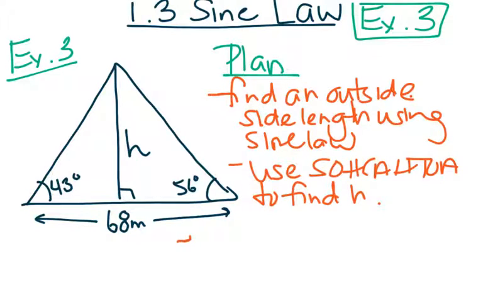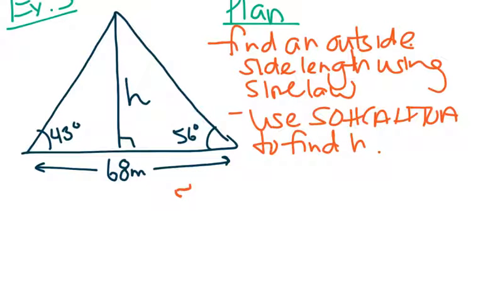Alright, we've got a plan. Now let's do the plan. The first part of the plan, don't forget, is we're going to treat this as if this H wasn't in here. So we're just looking at this outside triangle, almost imagining that H line isn't there. Let's label this triangle using A, B, C so that we can plug it into the sine law.